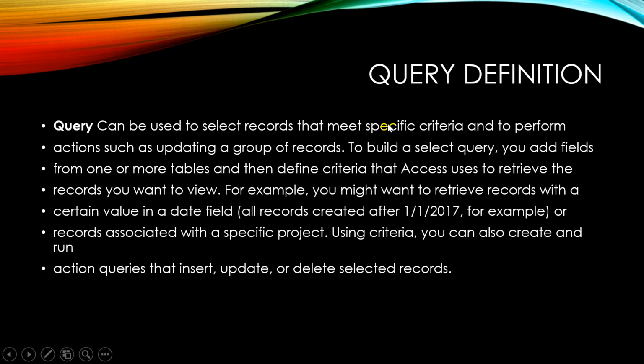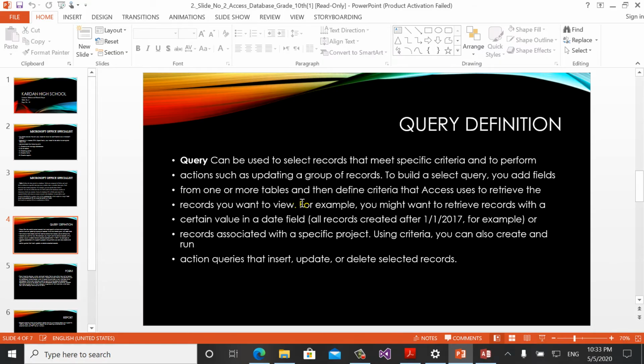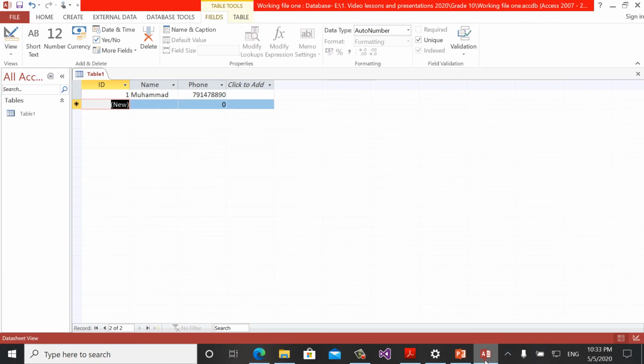Another thing that we should focus on is how to build a select query, how to merge the tables, how to use functions in queries. We will study more and more in the next video lessons. But for right now, we come to a practice of how a query looks like.